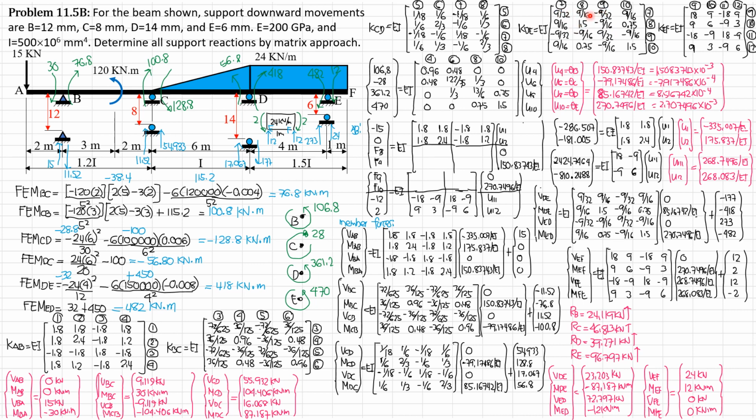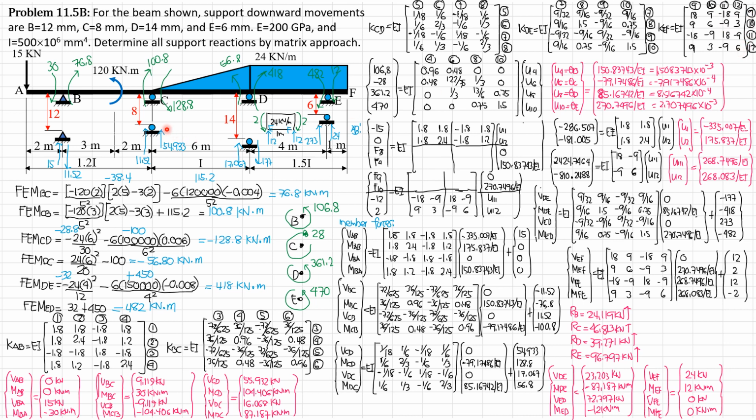Then 6 times 1.5 over 4 squared, then the negative of that, then you just copy, and you should know the rest. This is 4 times 1.5 over 4, so that's why it's 1.5, and this is half of that, 0.75, the negative of the first row. Then copy that second row, except that we interchange positions 1.5 and 0.75. Anyway, you should know that. Then for EF, that's the stiffness and the numbering.